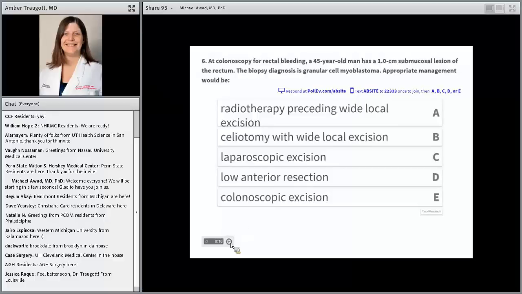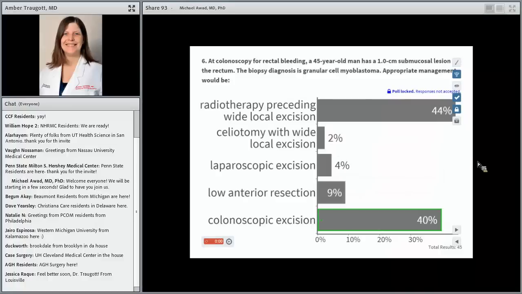Appropriate management would be A, radiotherapy, followed by wide local excision, B, ciliotomy with wide local excision, C, laparoscopic excision, D, LAR, or E, colonoscopic excision. So E is correct, colonoscopic excision.